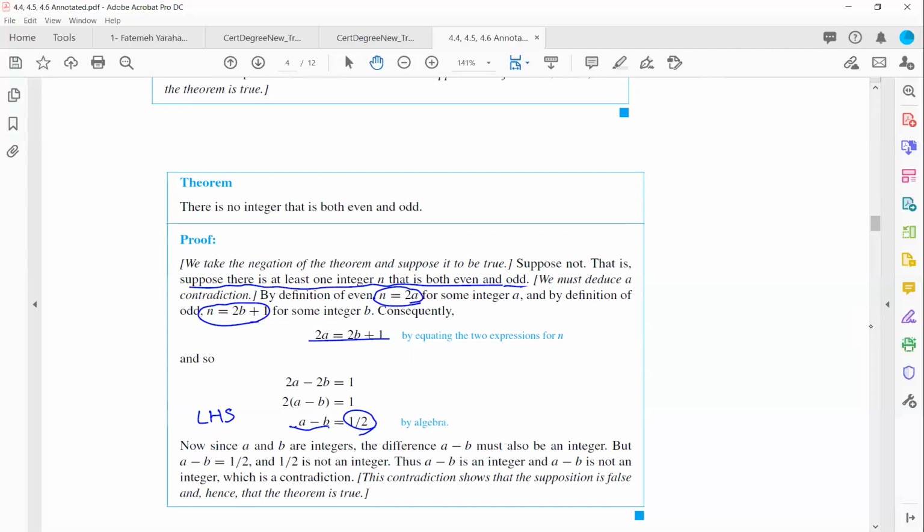On the right-hand side, I have a half as a fraction. The left-hand side and right-hand side are not equal to each other. This error is caused by the assumption that there is an integer which is both even and odd. So this statement is false. It means that its negation is true.